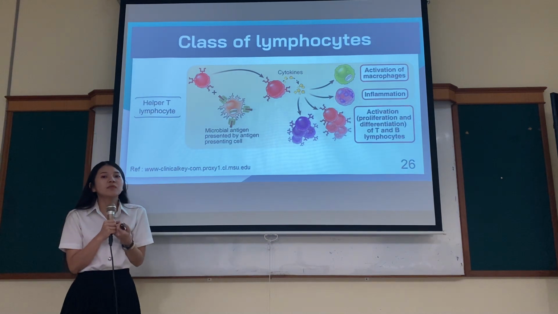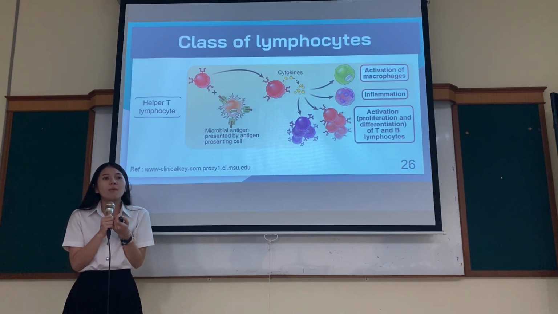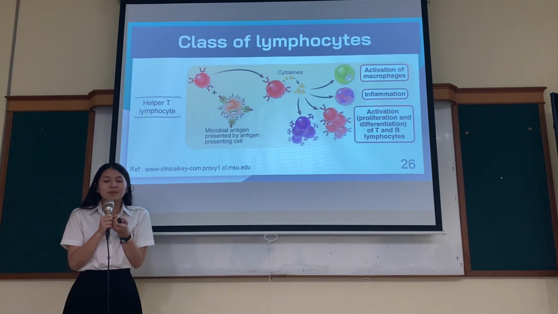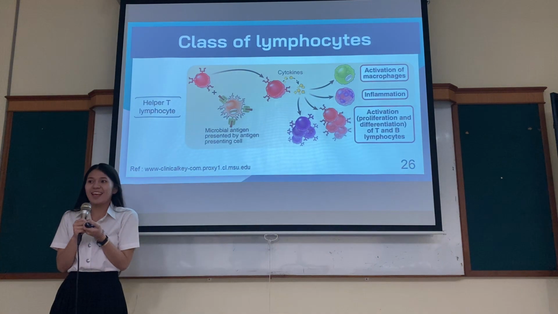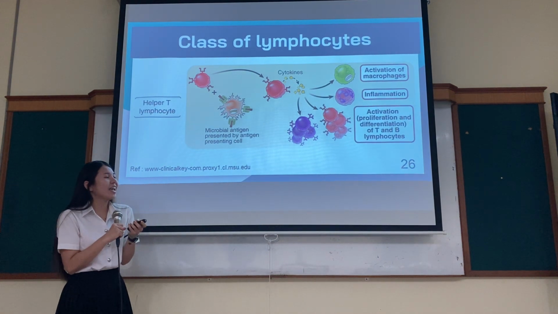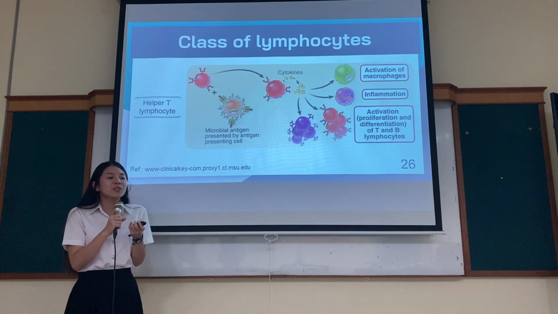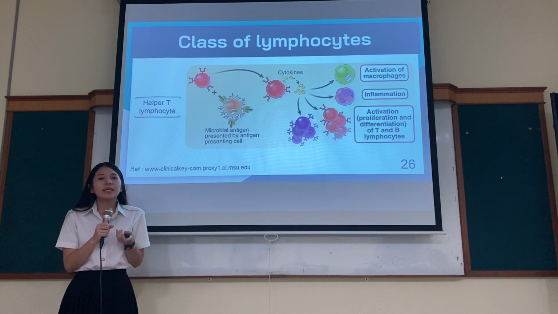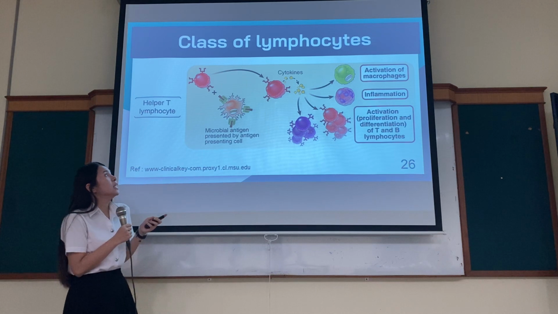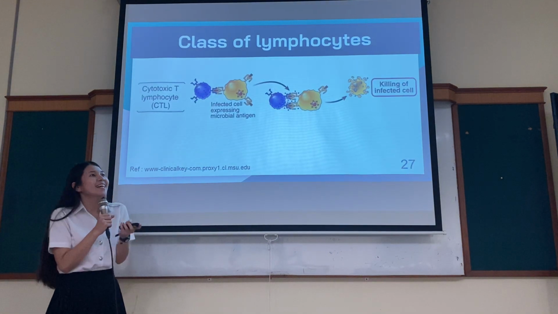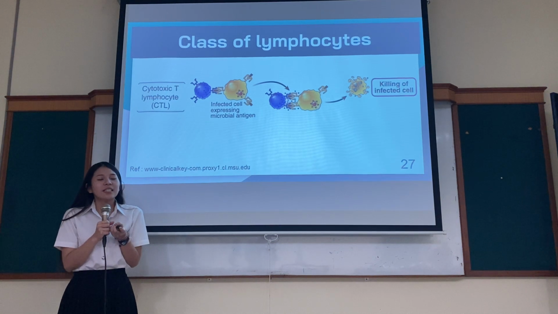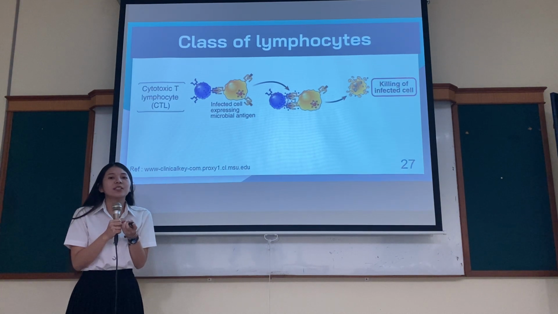Next, helper T lymphocyte recognizes antigen on the surface of antigen presenting cell and secretes cytokine. This stimulates different mechanisms of immunity and inflammation. Next, cytotoxic T lymphocyte recognizes antigen in infected cell and kills this cell.